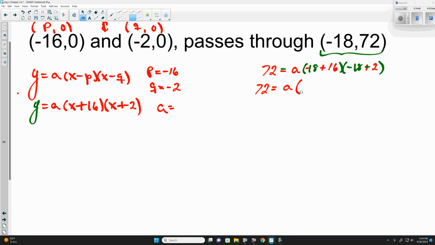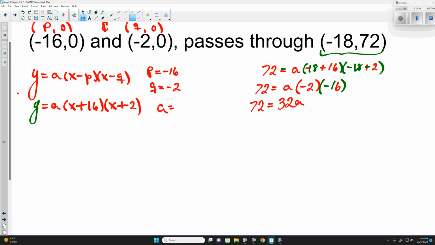I'm going to show you this in 2 different ways. So one, we can do this step by step. The first thing we would do is negative 18 plus 16, which is 32, and negative 18 plus 2 is negative 16. And if we multiply this out, we should get 32a, yes?